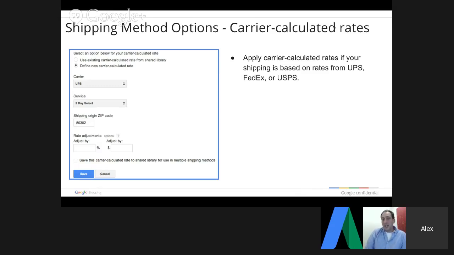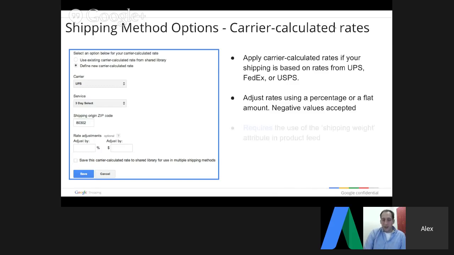If you have slightly different rates than what the carriers calculate, you can also adjust the carrier calculated rate by a flat dollar amount or by a percentage. This supports negative values so that you can actually say, I charge less than what the carriers calculate by $2. You can add a value of negative $2 in there. Or I charge 5% less, and you can add a negative value.